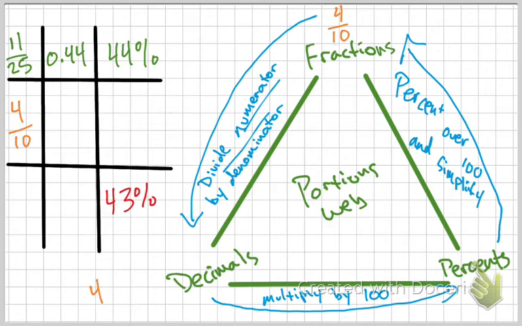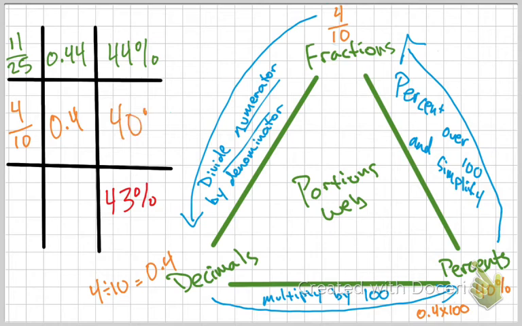I can take any fraction and turn that into a decimal by dividing the top number by the bottom number. 4 divided by 10 would give me 0.4, and I can fill that out in my table. I'm going to move on to my next part and turn a decimal into a percent. I'm going to do that by multiplying by 100. 0.4 times 100 is equal to 40, and I just need to write my percent sign there. That's 40%.